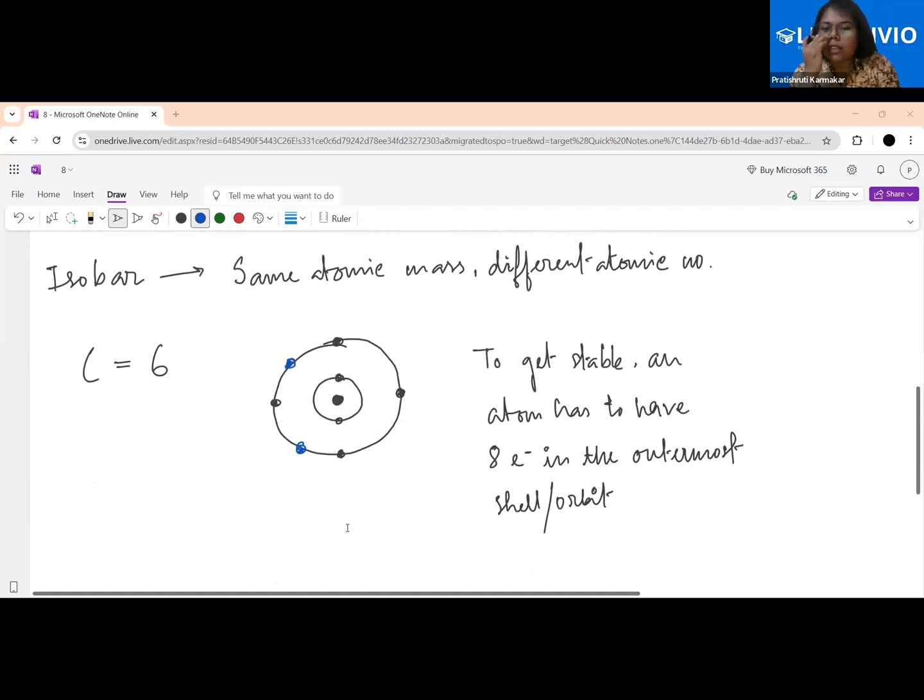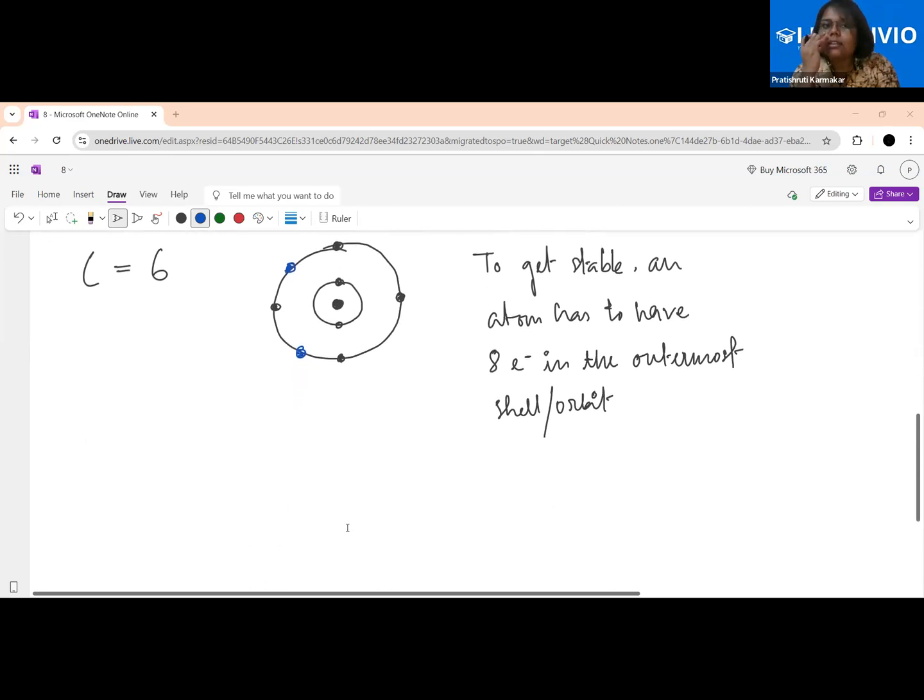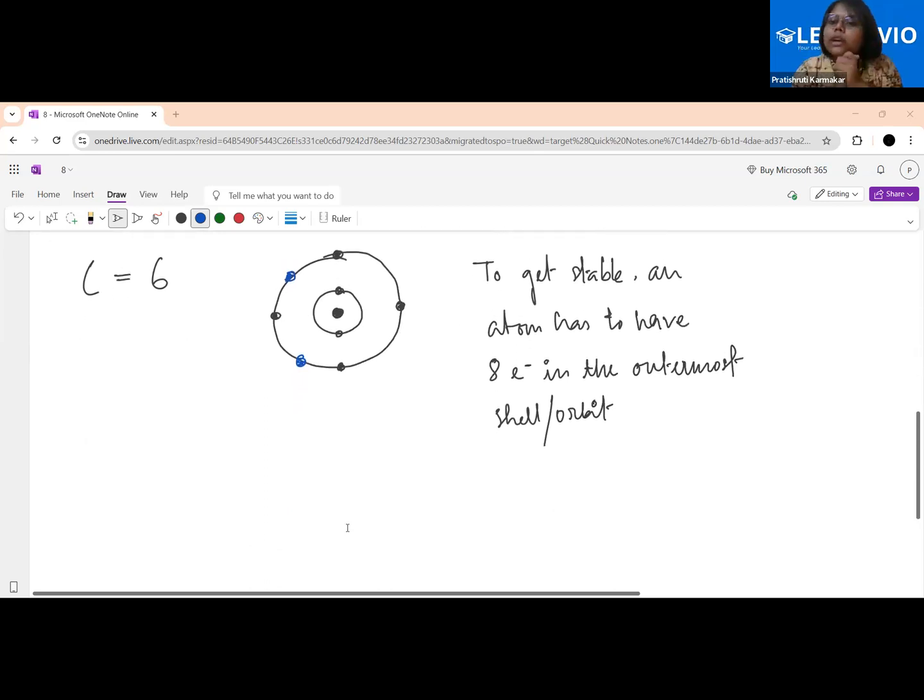So now we're discussing carbon. We know that carbon can make four bonds. So why can carbon make four bonds? Carbon shares electrons because the simple reason is it has to have 8 electrons in the outermost shell. It already has 4 electrons and somehow it has to have 4 more.